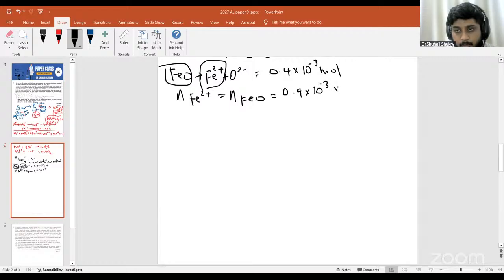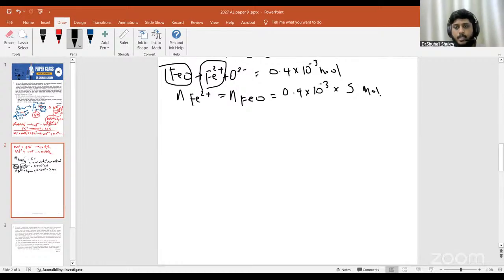You have to multiply by 5 moles. 0.4 into 5 is 2, so you get 2 × 10^-3 moles. So the number of FeO moles is 2 × 10^-3 moles.